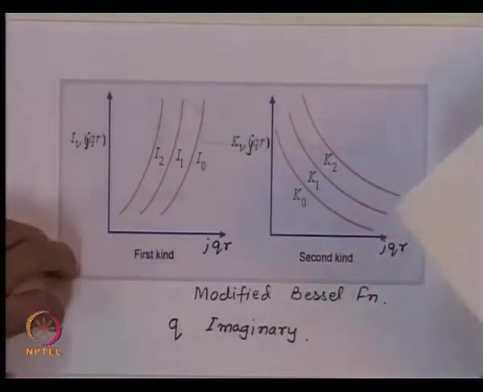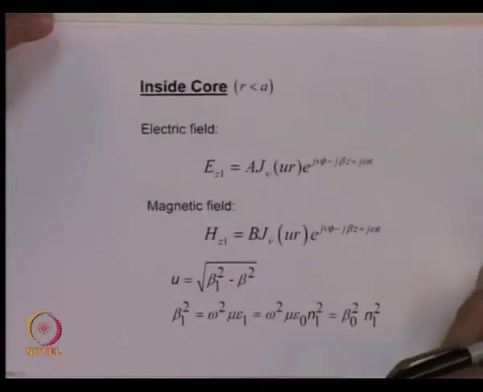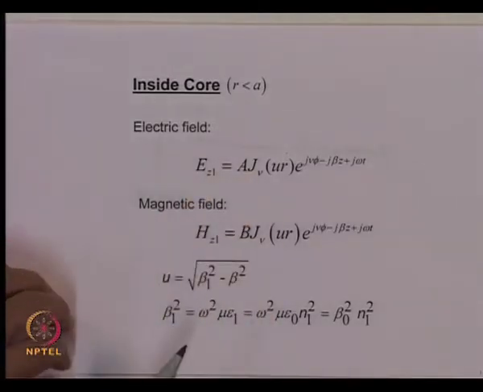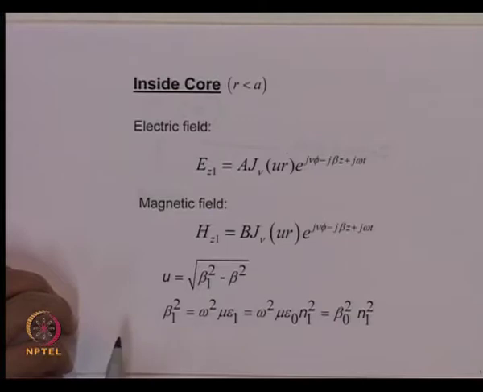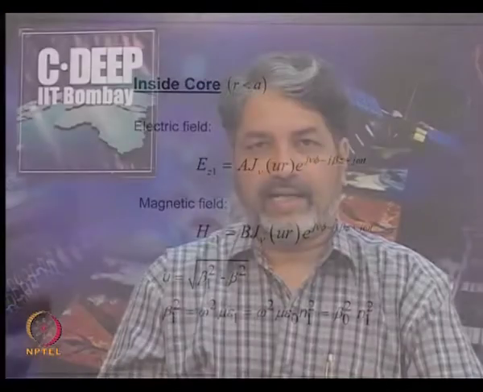But essentially what we have said now is that by using this physical understanding, we can write down the fields appropriately inside the core and the cladding, which can essentially be given by this. So, as we said, these are the functional forms for the quantity psi, and psi can represent either electric or magnetic fields, Z component.